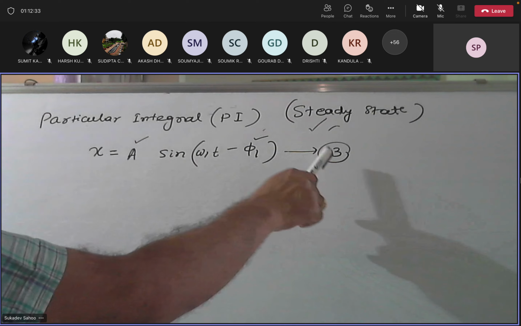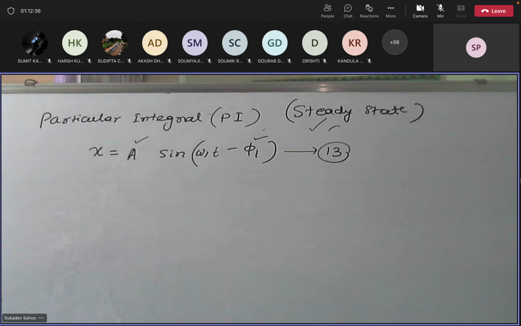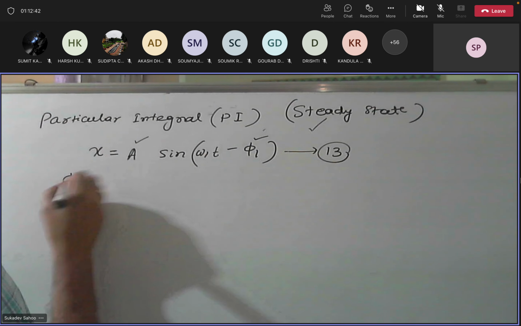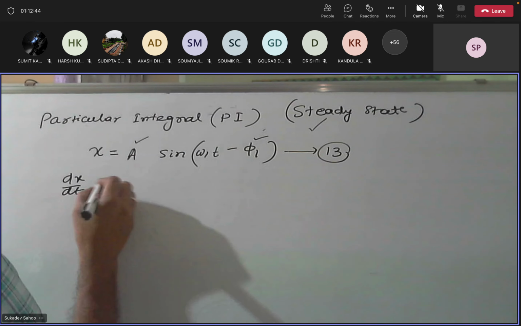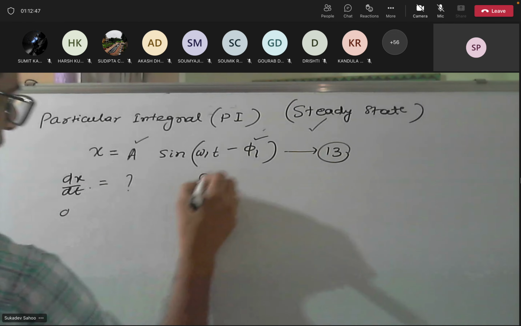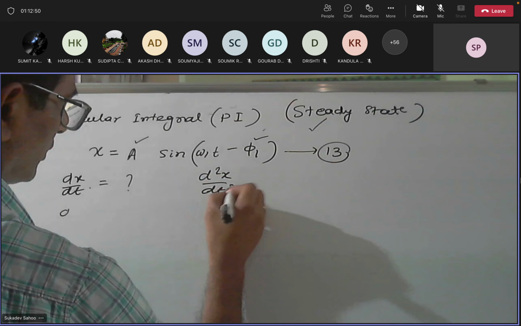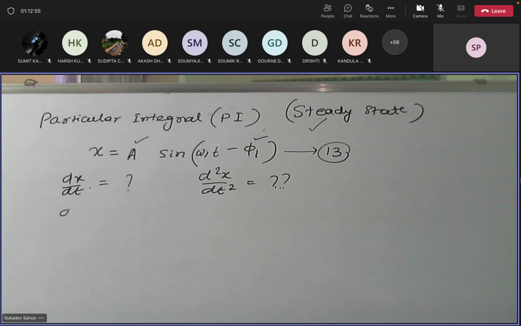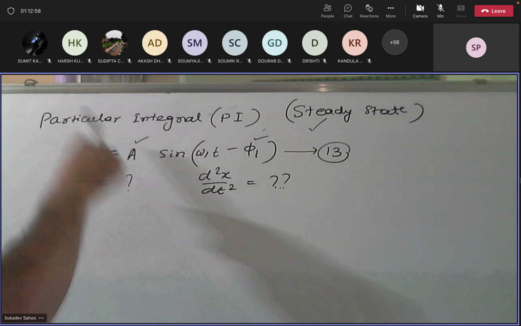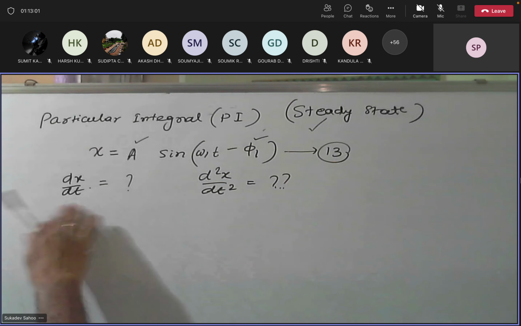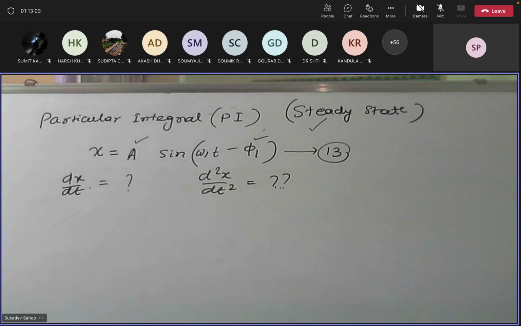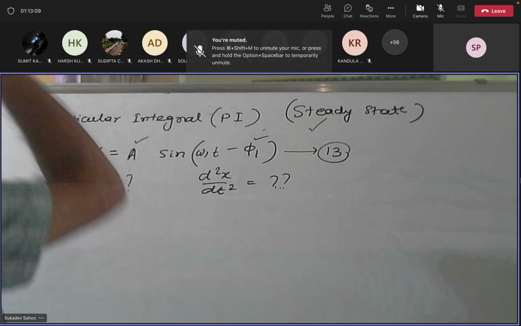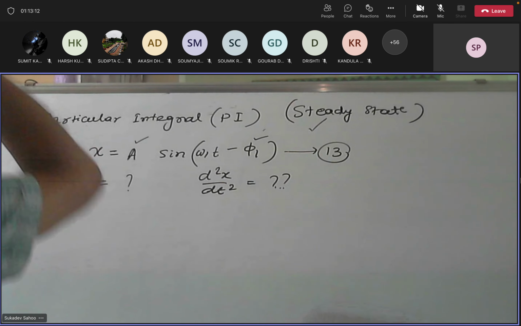If x is the particular integral, then it should satisfy the equation of motion written in equation number 6. So if x is this, find dx by dt and d square x by dt square. Now substitute the values of x, dx by dt and d square x by dt square in equation number 6, that is the equation of motion for a forced damped oscillator.